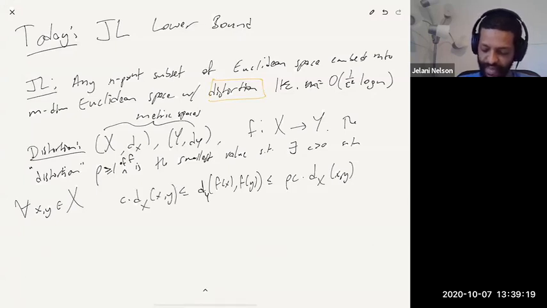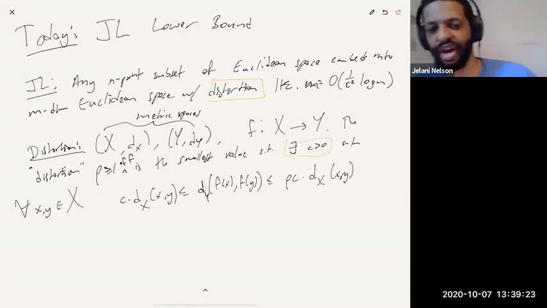This scaling c business only matters for non-normed spaces.